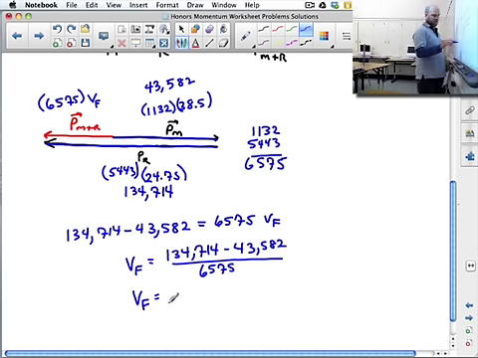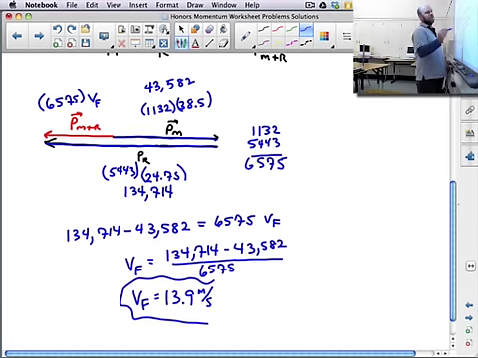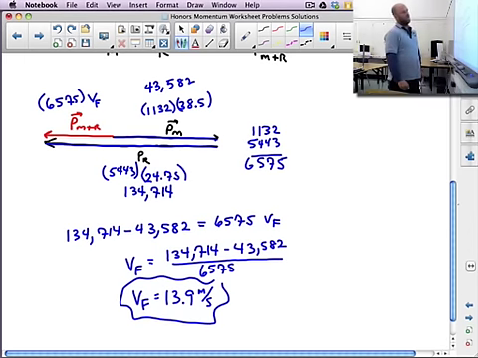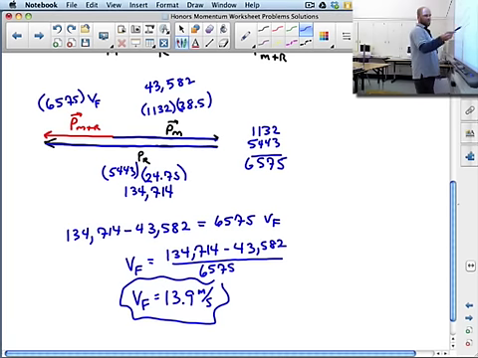So what does this mean? It was 13.9 meters per second. Now I can check my units out. The kilograms will cancel out, and I should be left with just meters per second minus meters per second. So my units look cool.